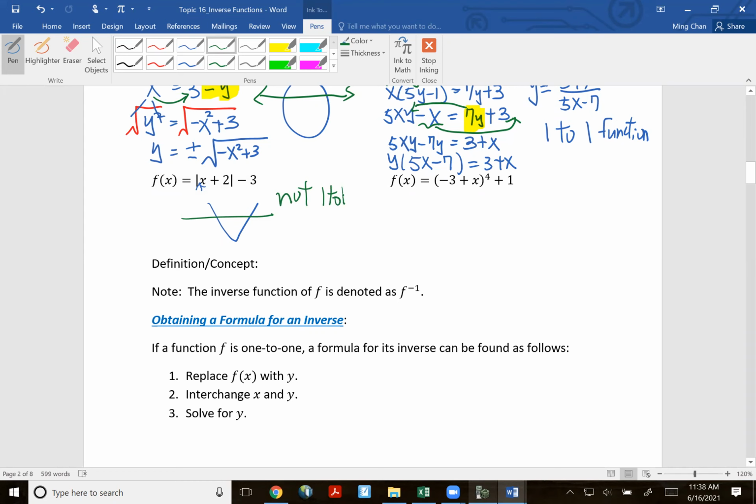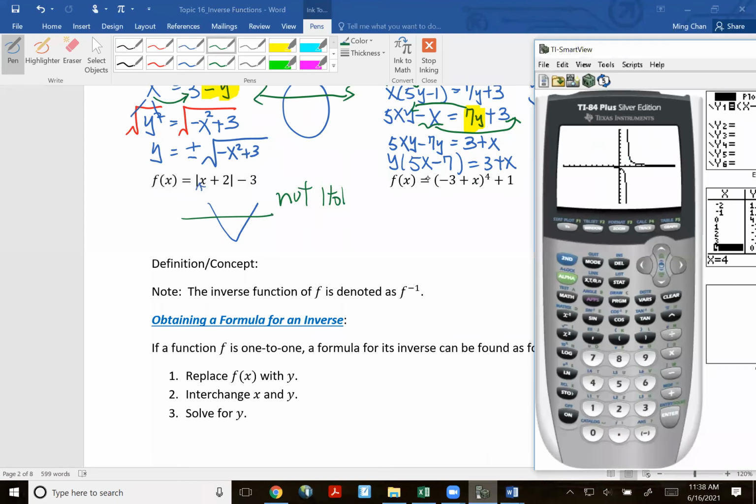All right. I'm not quite sure what this thing is, but I do want to graph it. Fourth power. This is actually considered a polynomial function. We will begin to talk about that at a later topic. Negative 3 plus x, whole thing to the fourth power, plus 1. It looks like a U, but it's not a parabola.